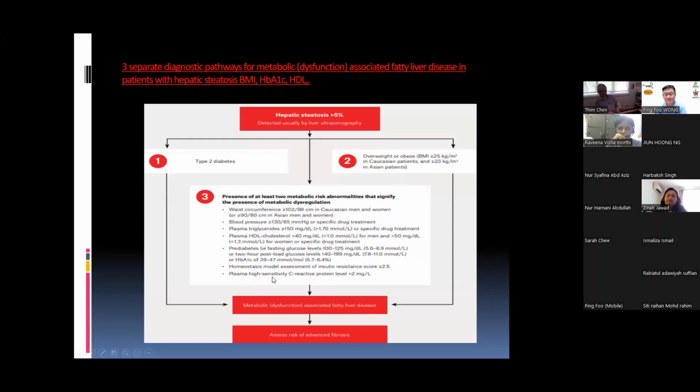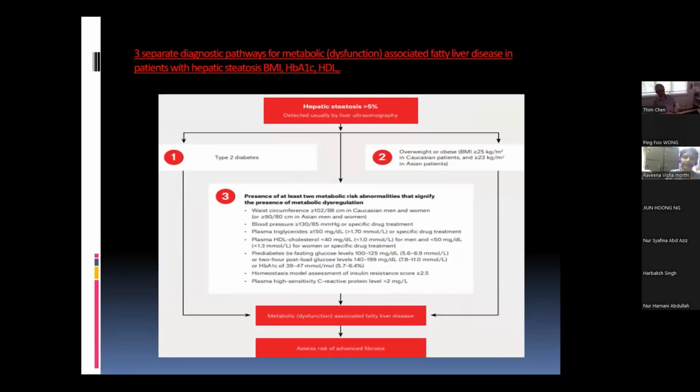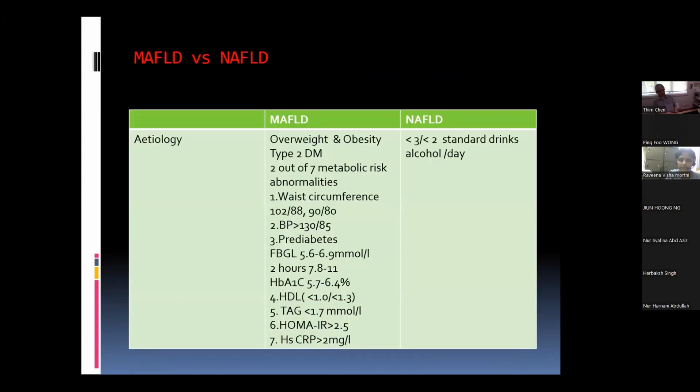And plasma high sensitivity C-reactive protein more than 2. So if you've got any of these, you should go for a liver ultrasound, because liver ultrasound is the one that changed the diagnosis of this metabolic associated fatty liver disease. I think about a quarter of the population has got metabolic associated fatty liver disease. So this is my summary.